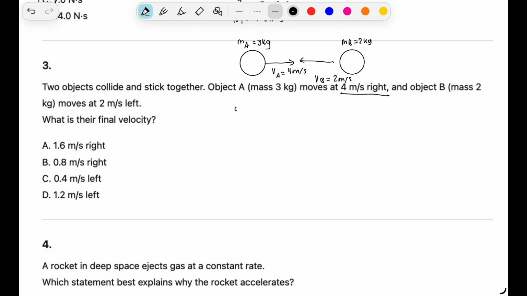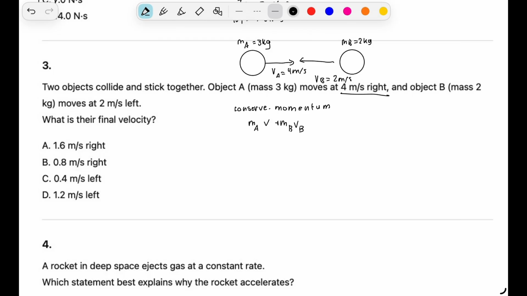We can use conservation of momentum. So you have M initial, or M1, V1, we'll say MA, VA, plus M2, or MB, VB, and we can mark these as initials.